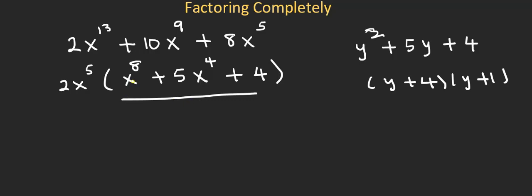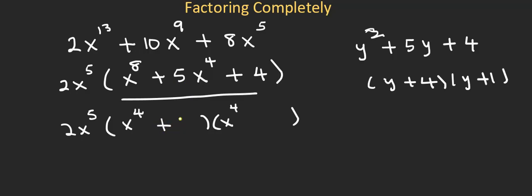Now notice, we could still factor this out because we could change it to x to the 4, because x to the 4 times x to the 4 is x to the 8. Now what are the factors of 4 that when you add them up you get 5?